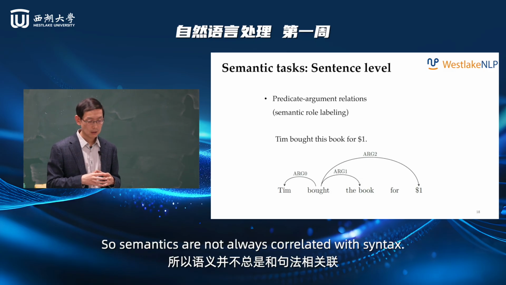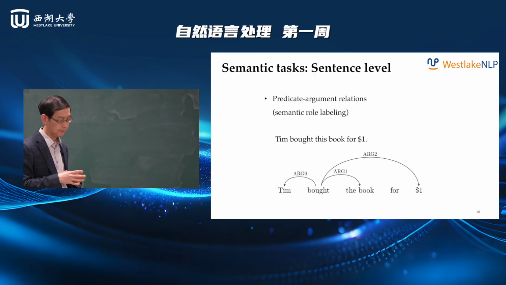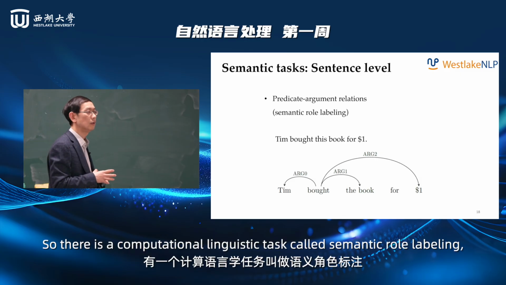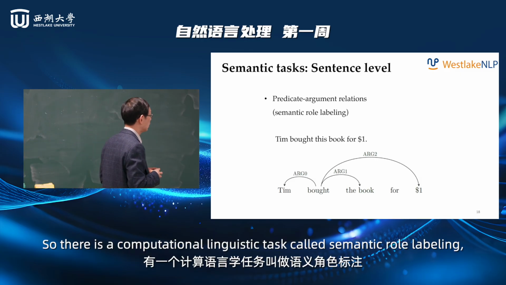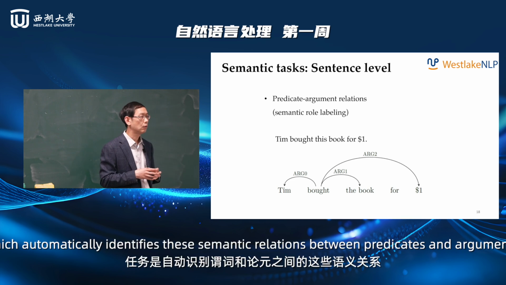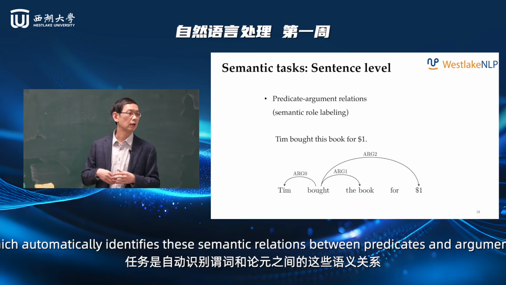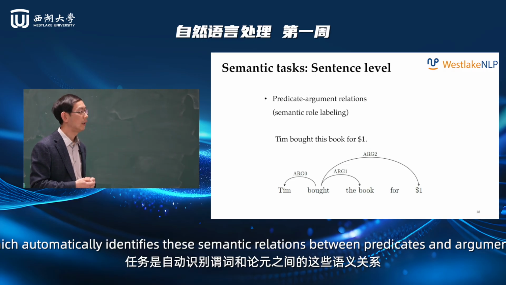So semantics are not always correlated with syntax. Okay, so there is a computational linguistics task called semantic role labeling, which automatically identifies these semantic relations between predicates and arguments.